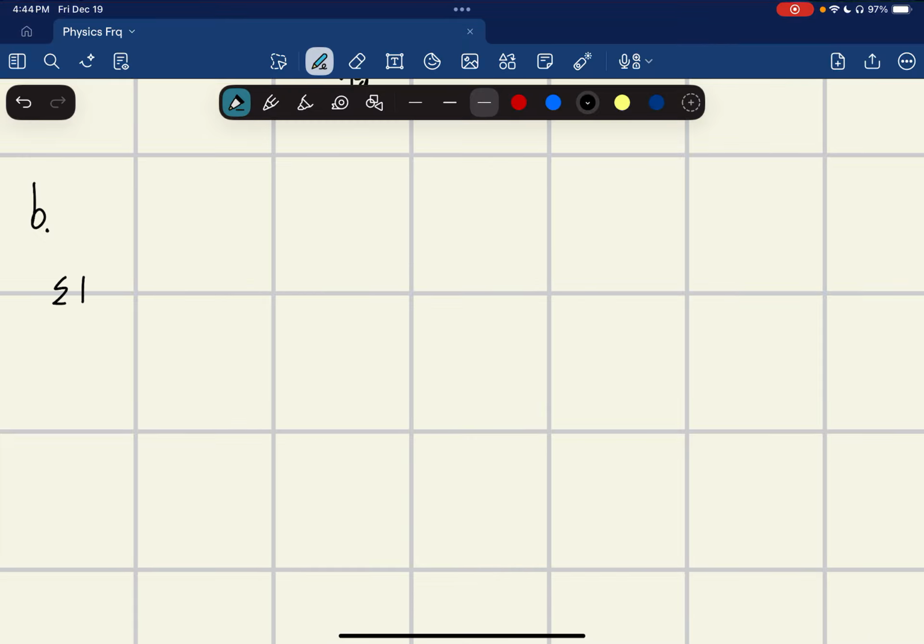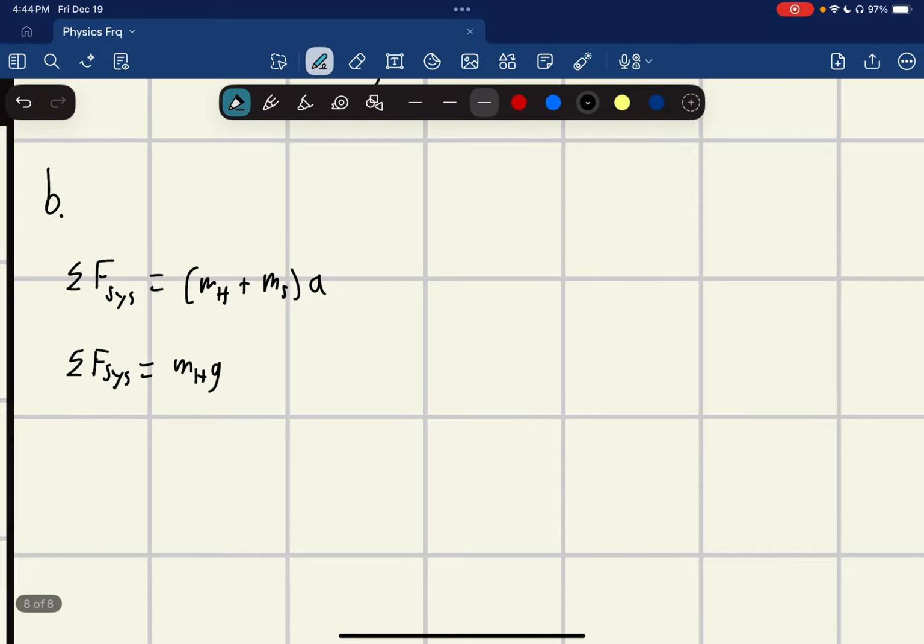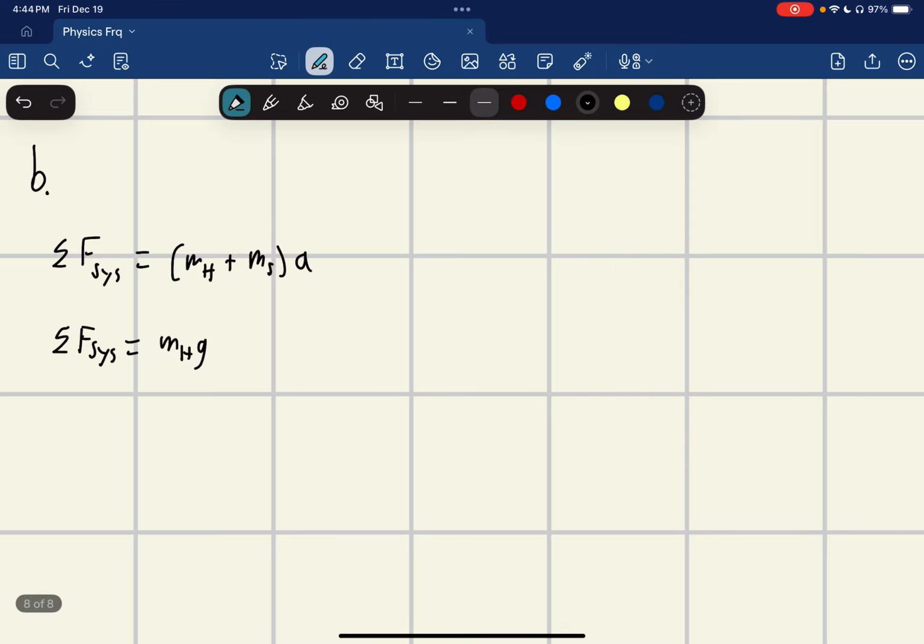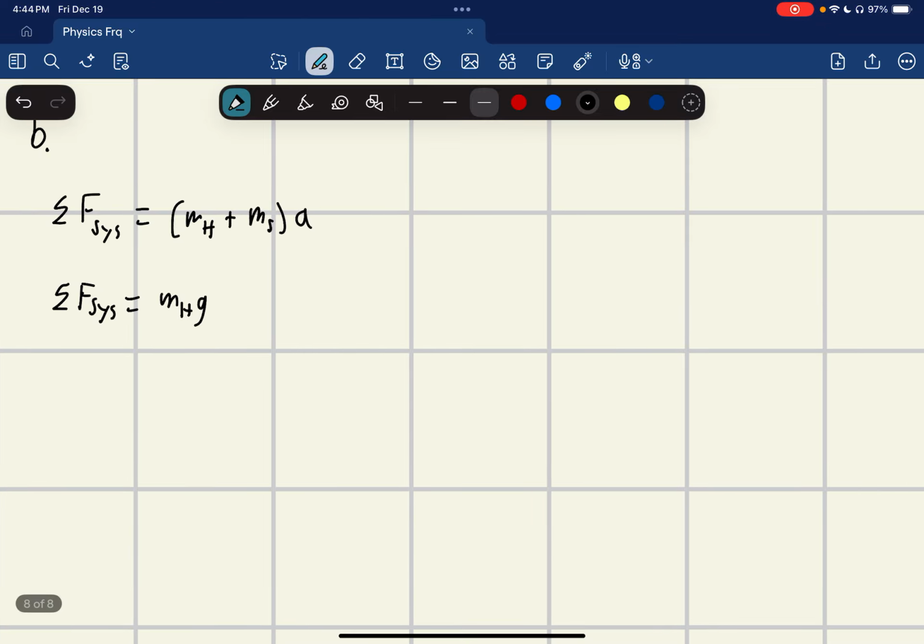So we have net force of the system is equal to mass H plus mass S times A, but net force of the system is also equal to mg of the block H, and just that because that's the only force being applied to it, looking at it as a system. So we can equal these two together.